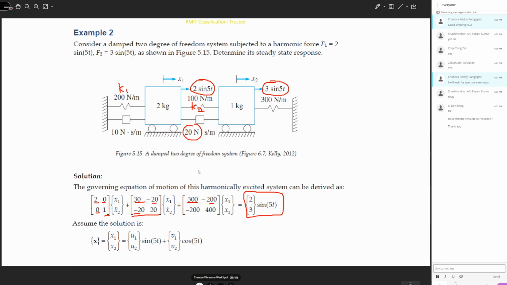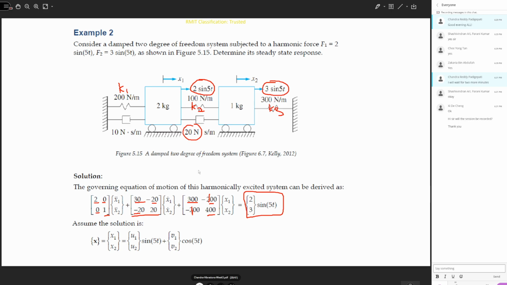I think this should be minus 100 as we can see, not 200. So this should be minus 100. The last element will be K2 plus K3, so 300 plus 100. So this will now be 300, minus 100, then minus 100 and 400. So you can do this correction in the learning material.